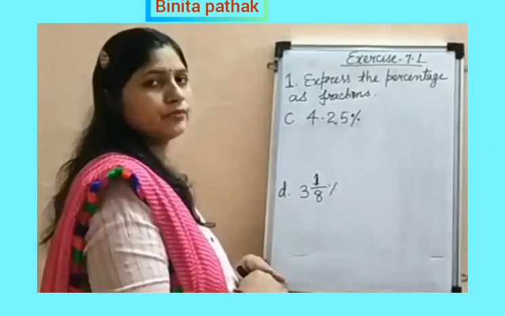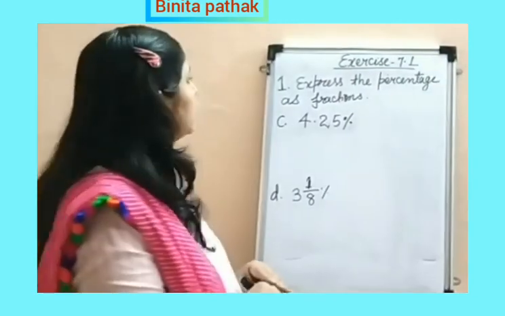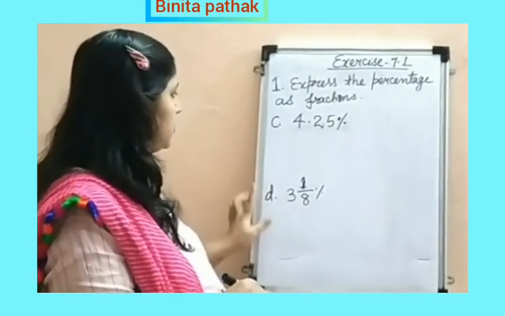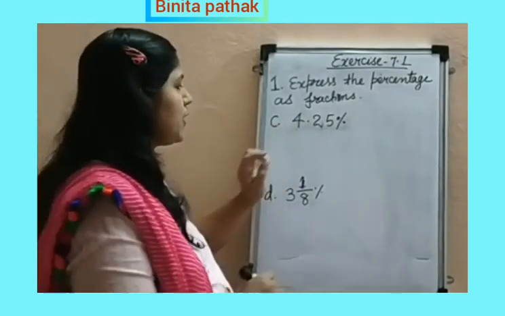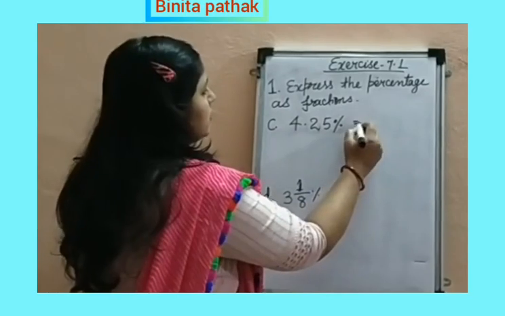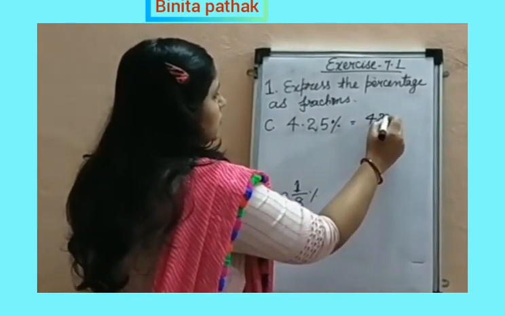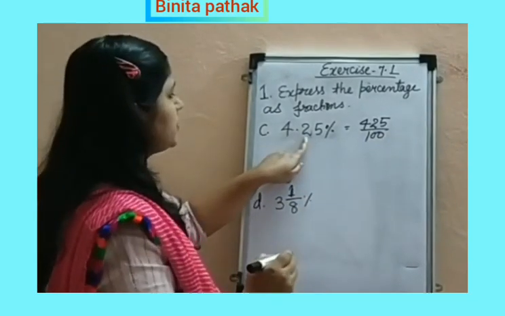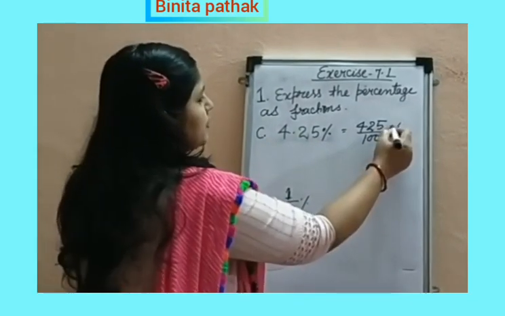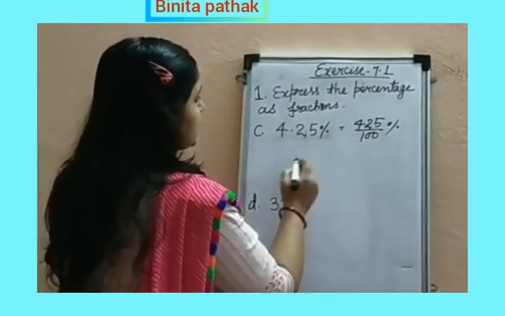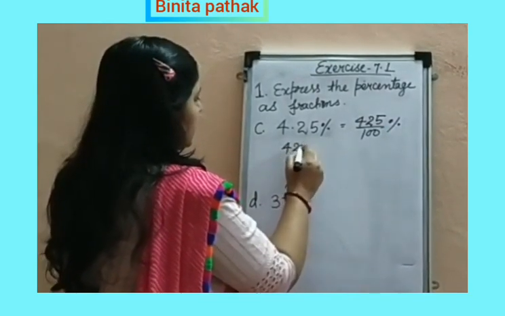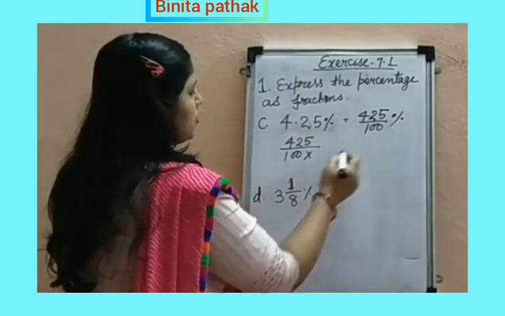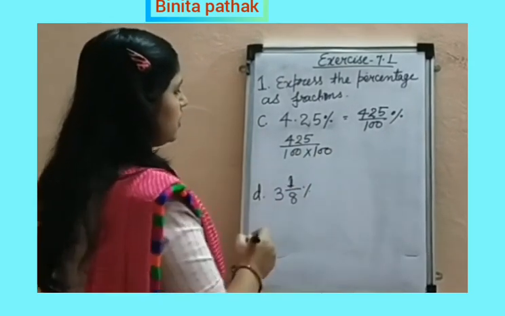Next question is C and D. Exercise 7.1, that is first question, C and D. C is 4.25%. After removing the decimal, 425 upon 100, because after decimal 2 digits are here, and percent. Now I am removing the percent here. 425 upon 100. After removing the percent, it will be 100.